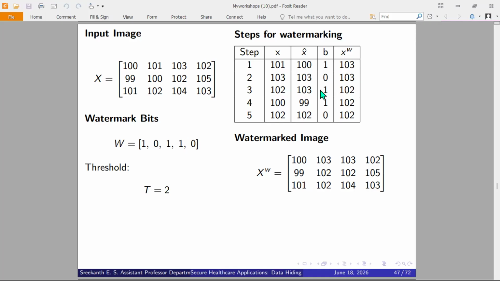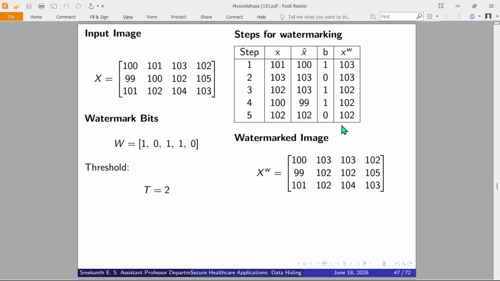Now you are predicting for 102, so the difference is 1, and you get XW as 102. Similarly, for 99, you are predicting 100, right? This is the watermark which we are embedding, and you are embedding the last bit as 0.